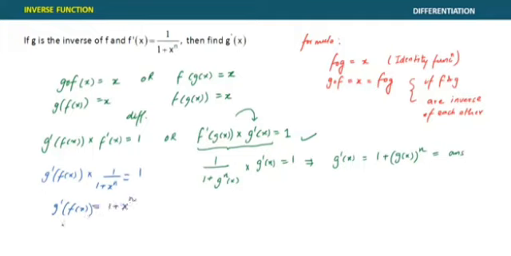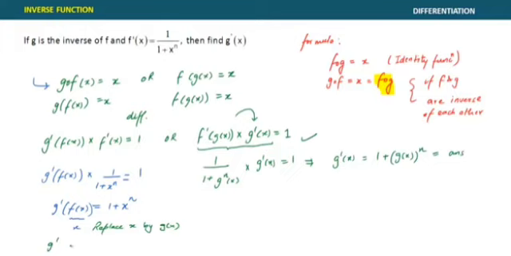Okay, but we wanted g dash x, so you want this fx to be replaced by x. How can you do this? Again, see this property. Check here, we said that f of g becomes x if f and g are inverse of each other. So here I'll replace x by gx, since this is an identity, I can do this.